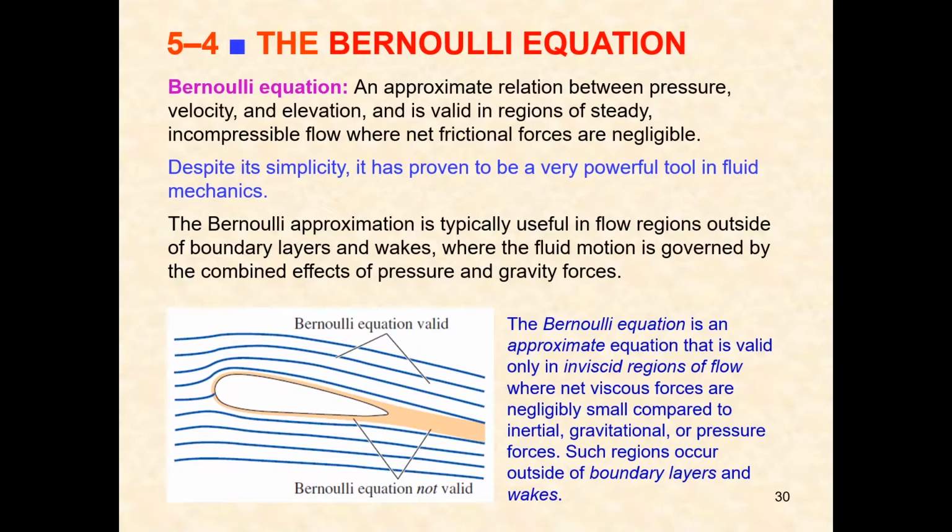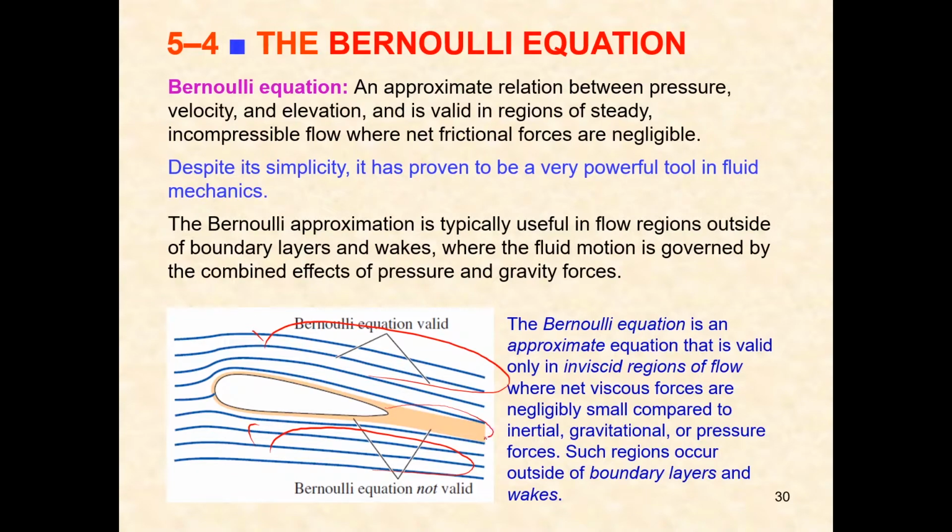Some explanation on the Bernoulli equations. It approximates the relations between the pressure, velocity, and elevations. It is only valid in steady regions, where you can see from the figure all the streamlines are steady.